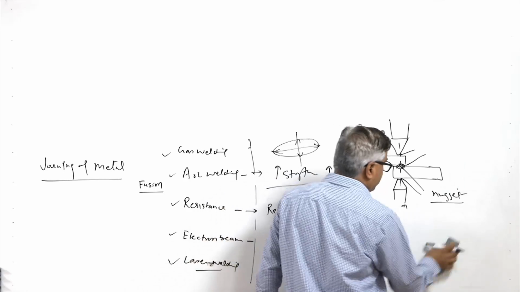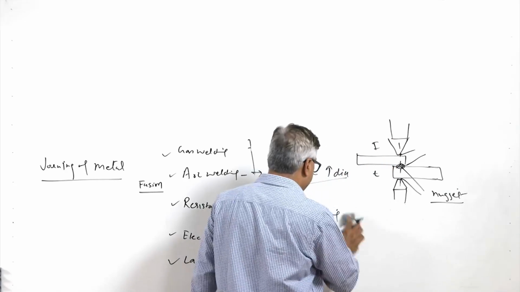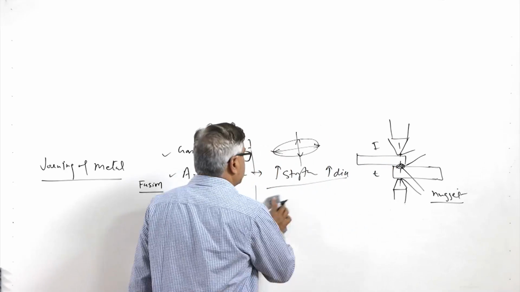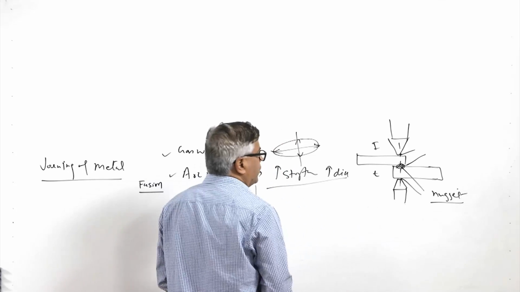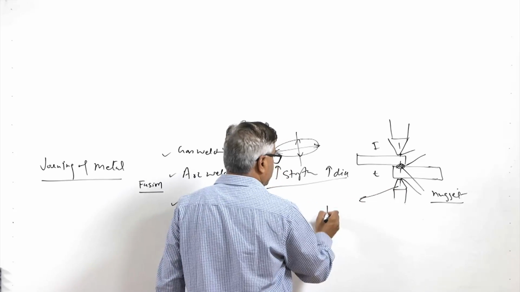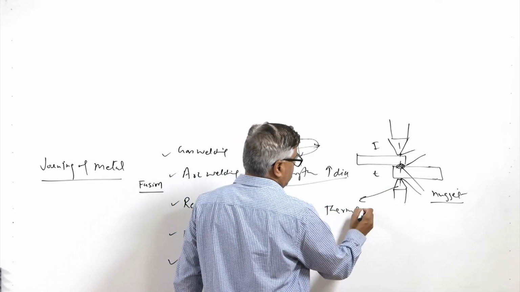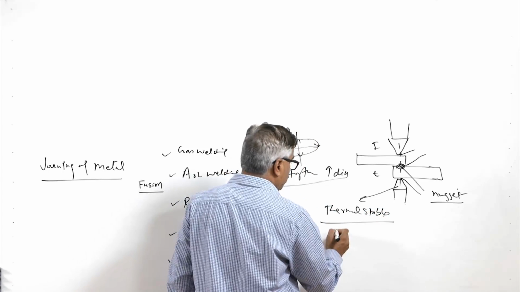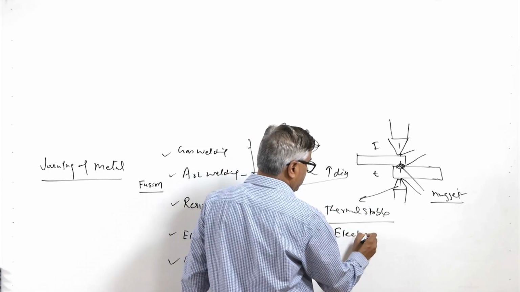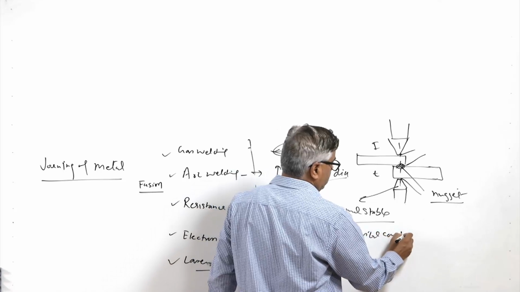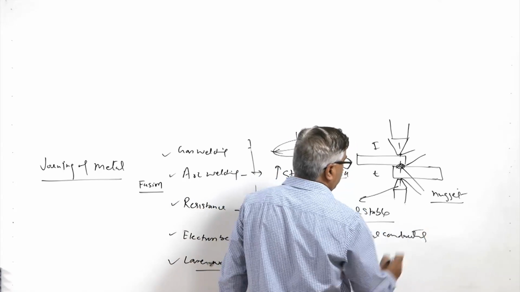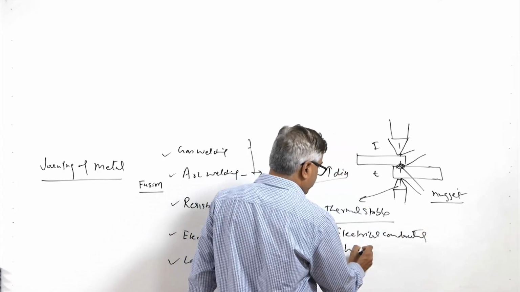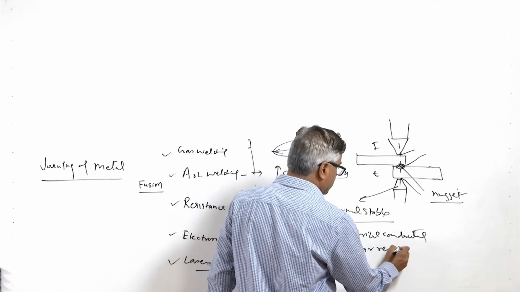Since the flow of current takes place through these copper electrodes, it is important that whatever electrodes are being used are thermally stable, of good electrical conductivity, and do not wear out. So, the wear resistance should be good.